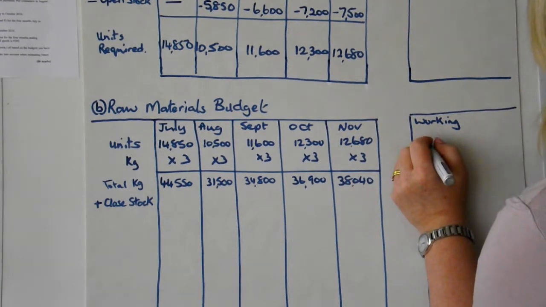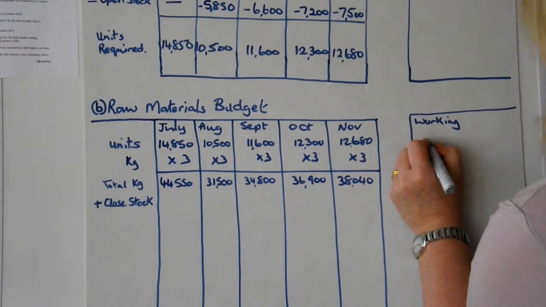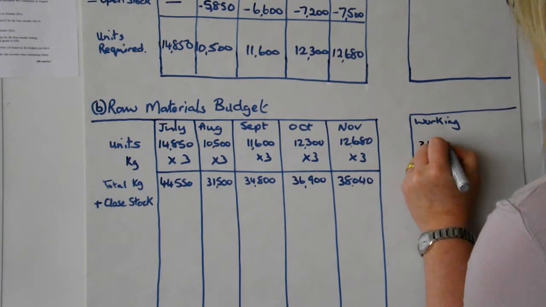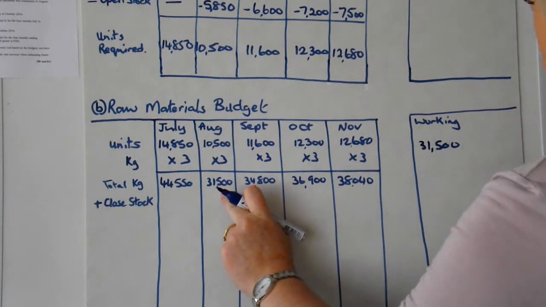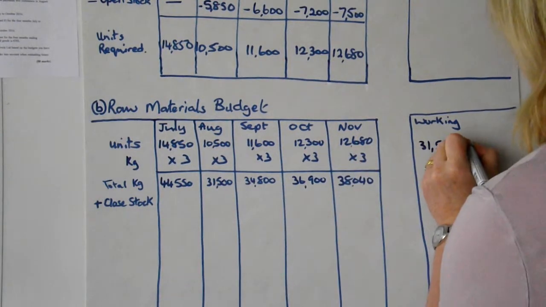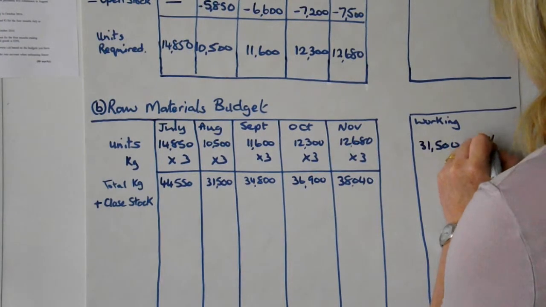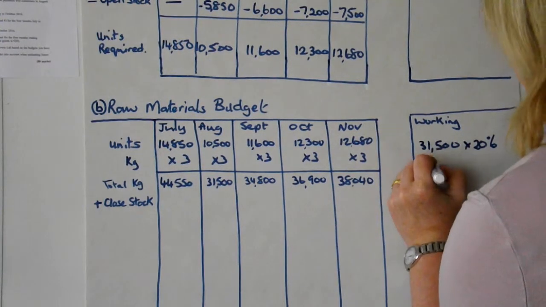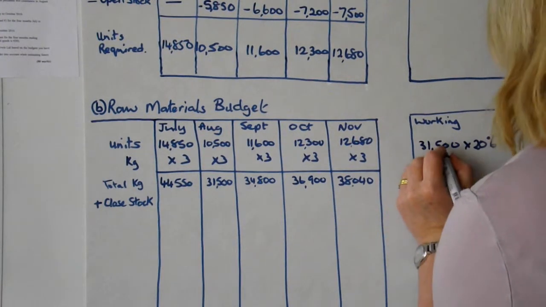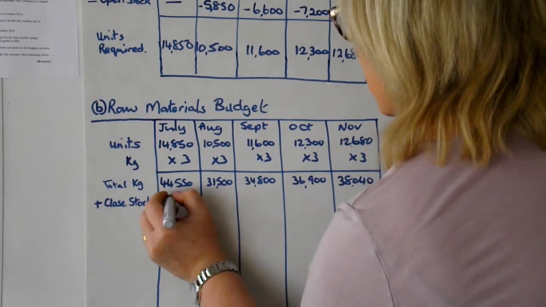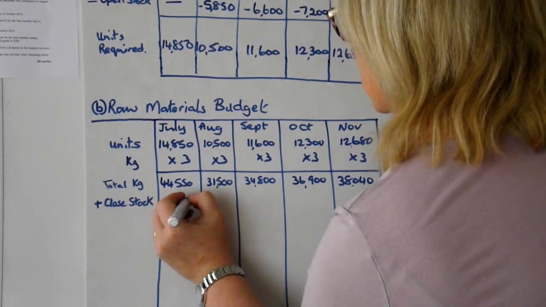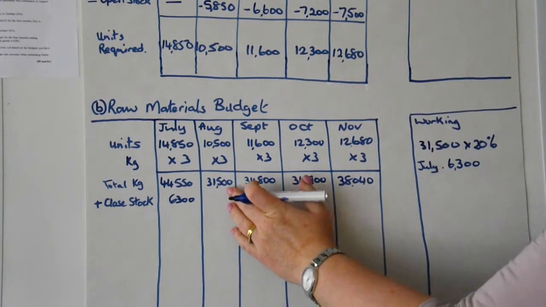So for July, the closing stock will be 20% of next month's raw material, 31,500. So for July, my closing stock will be 6,300. Again, you can do that on your calculator. You don't need to show your workings, and just repeat the process across.